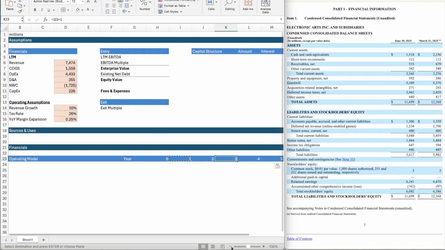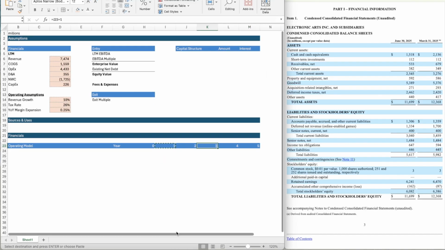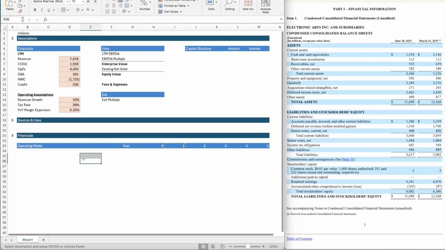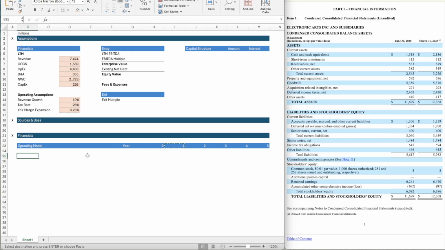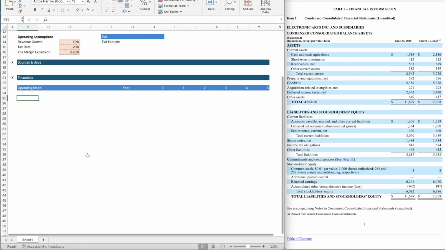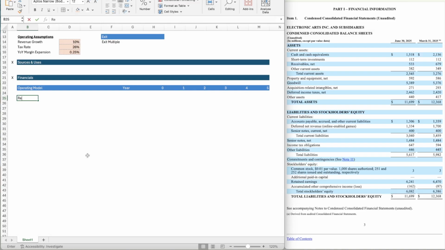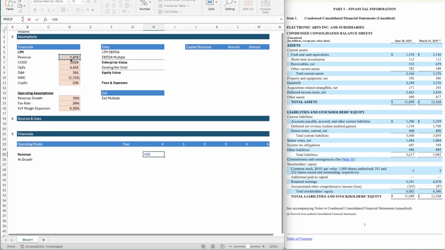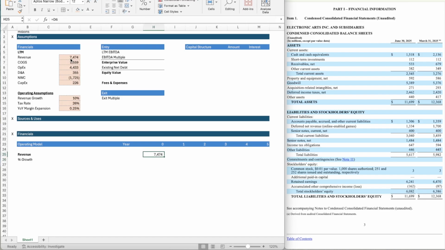I'll just zoom out a little bit. There we go. And this will feel familiar to you if you built the DCF with me. It's going through the same build out. So we go to year 0. We know the revenue is equal to 7,404 for the trailing 12 months.